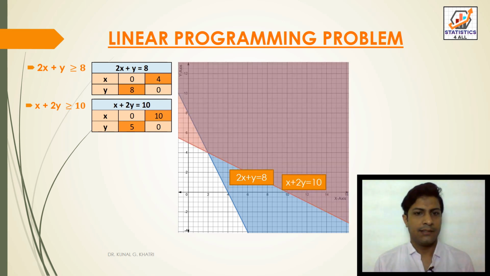Now another equation, x plus 2y equal to 10. Again, x plus 2y is greater than or equal to 10, so the region above has been selected, this one. So here y is equal to 5 and x is 10.